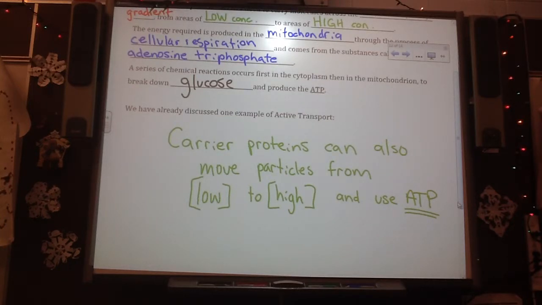So a carrier protein can either be passive transport or active transport. How do you tell? You look and see, is it transporting from high to low or from low to high? That's how you know, okay?